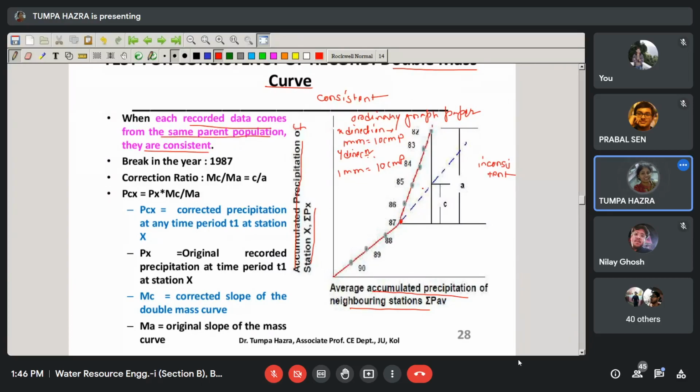If one or two data do not fall on the same line, then you cannot say that it is inconsistent, because it is random data and you are joining with a straight line. So it is not likely that all the data will fall on the same straight line. Here you can see that 5 data are not on the same line.